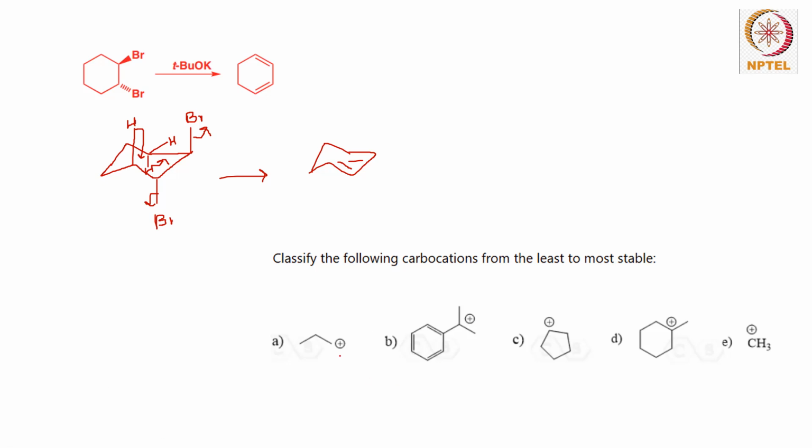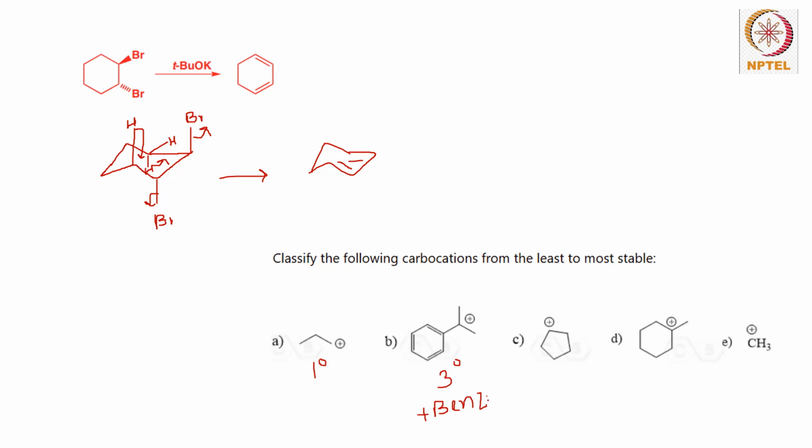So this carbocation is 1 degree. This is 3 degree plus benzylic. Benzylic means it has an adjacent benzene, so it is at the benzylic position. The carbon just outside the benzene ring is called benzylic.